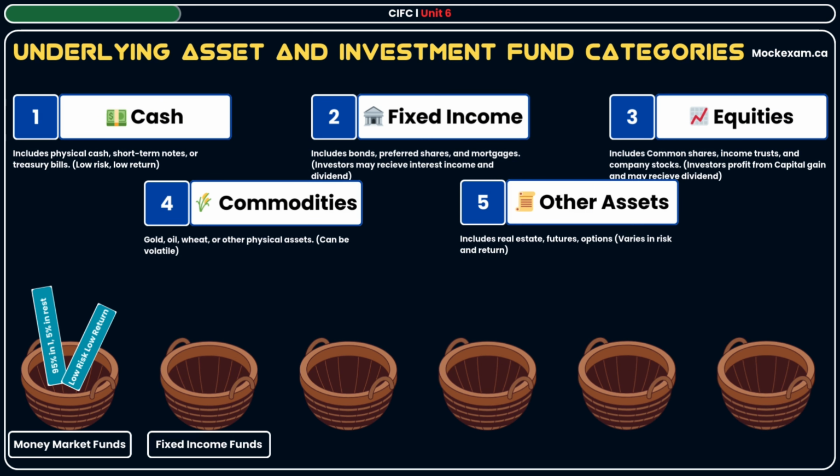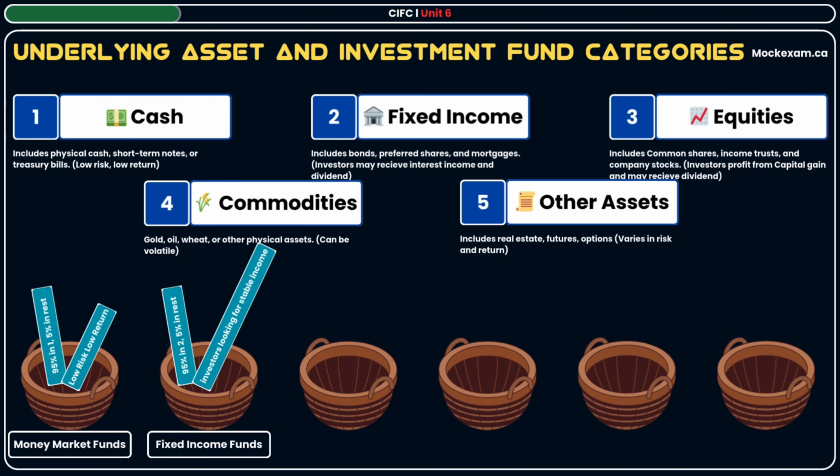What's the asset allocation in fixed income mutual funds? 95% in number two, which is fixed income securities, including bonds, preferred shares, and mortgages. And the remaining 5% in any of one, three, four, five. So, what can we conclude from fixed income funds?